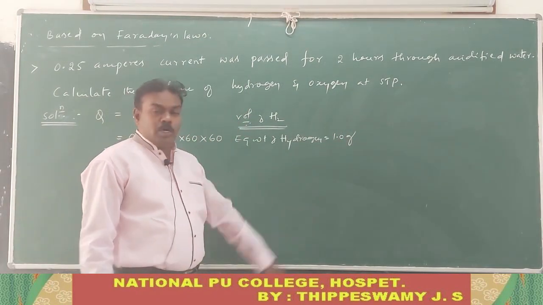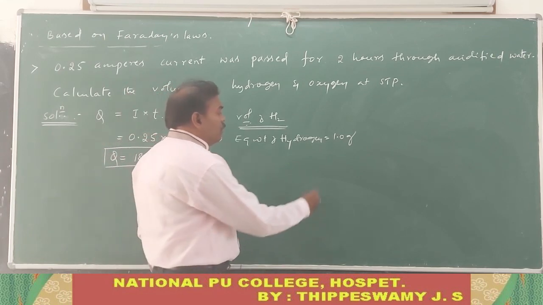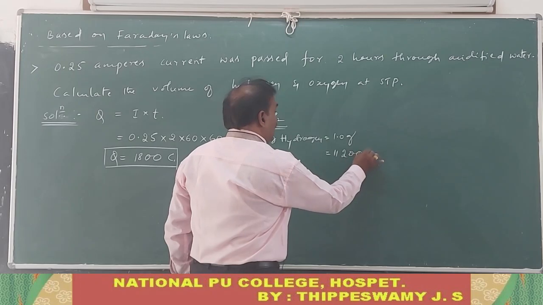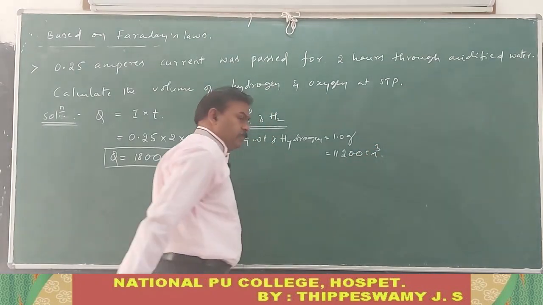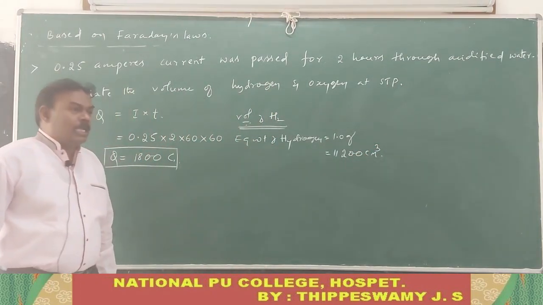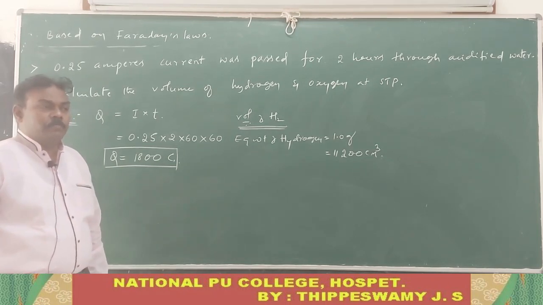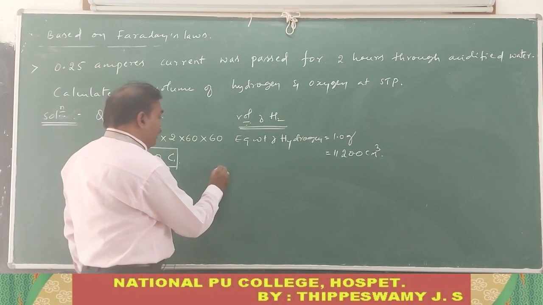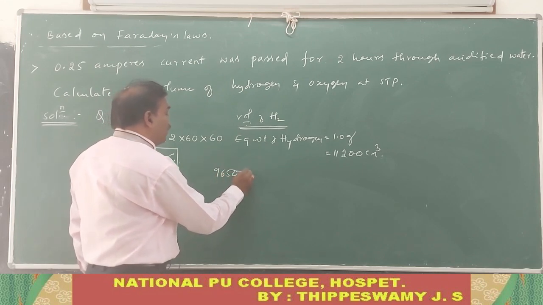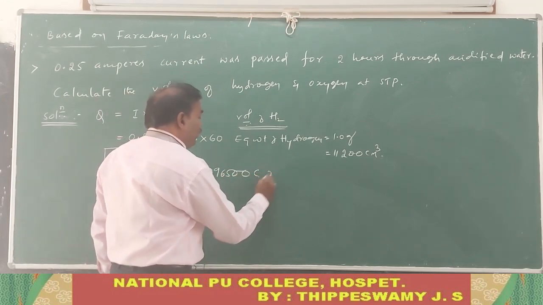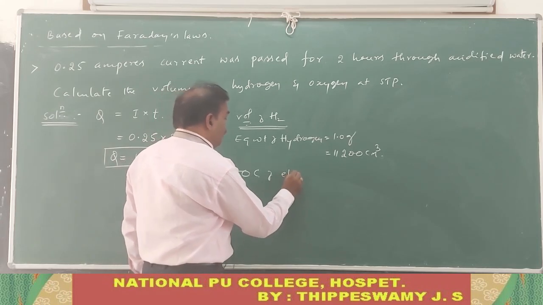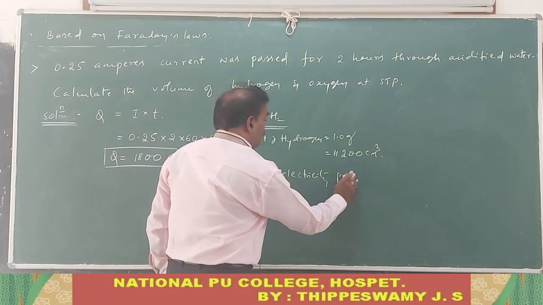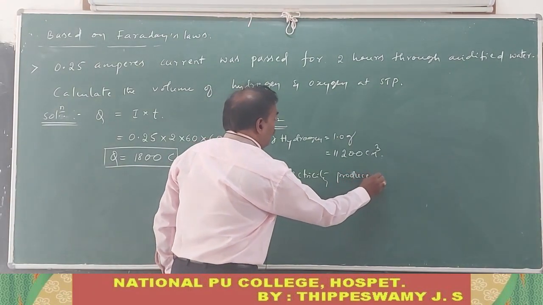The volume occupied by that 1 gram equivalent weight of hydrogen is 11,200 cm cube only. Following all of you? Now you come across the point: 96,500 coulombs of electricity produces how much?